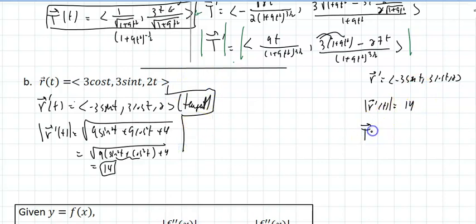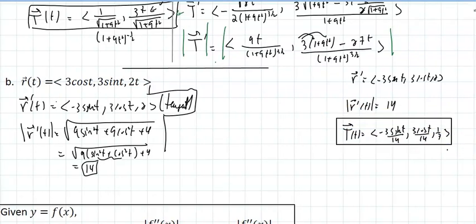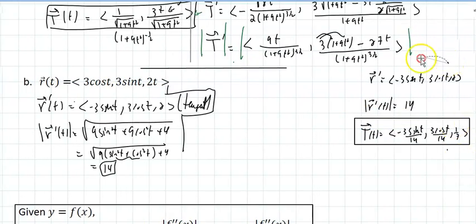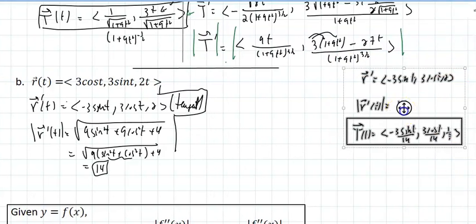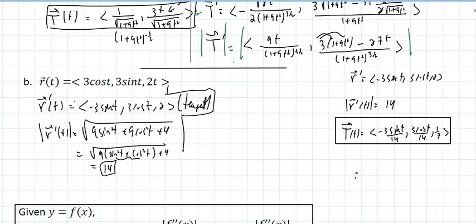T is negative 3 the sine of t over radical 14, 3 the cosine of t over radical 14, and 2 over radical 14. There's the first thing they wanted me to find, and I found it. Okay, got it. Now what?